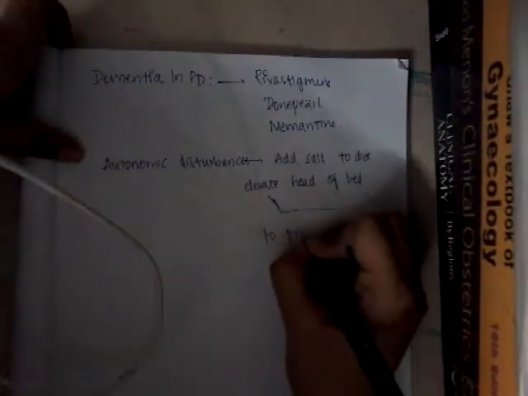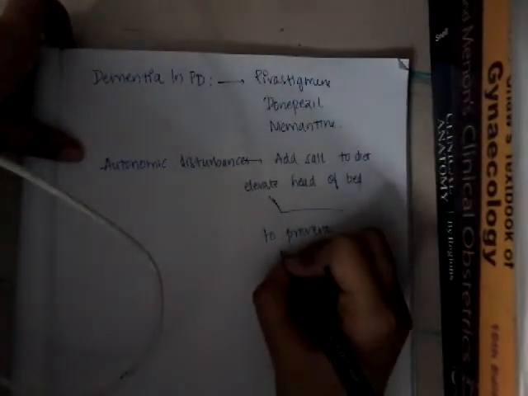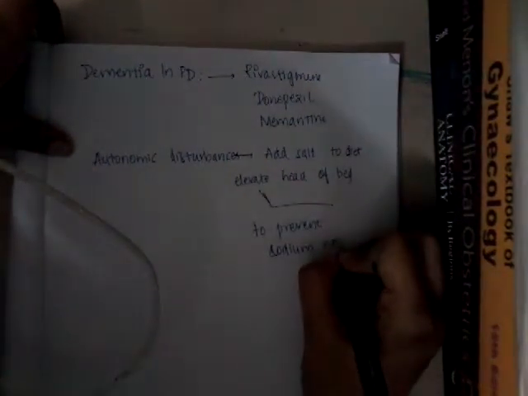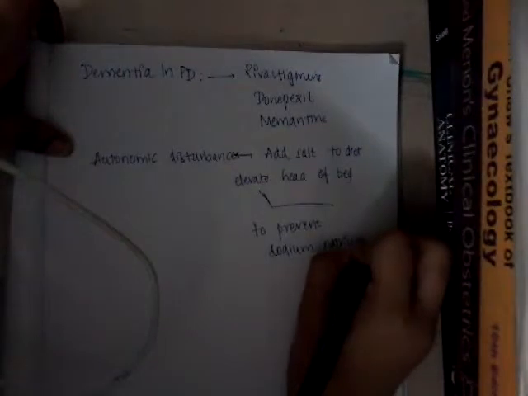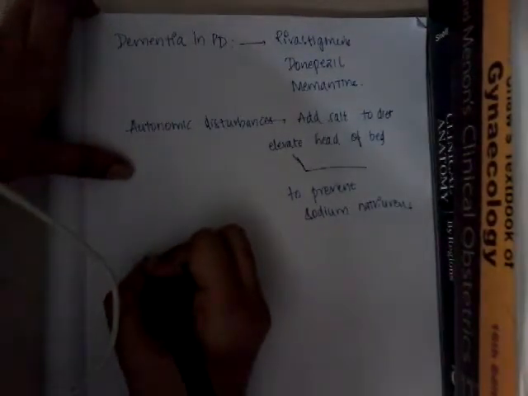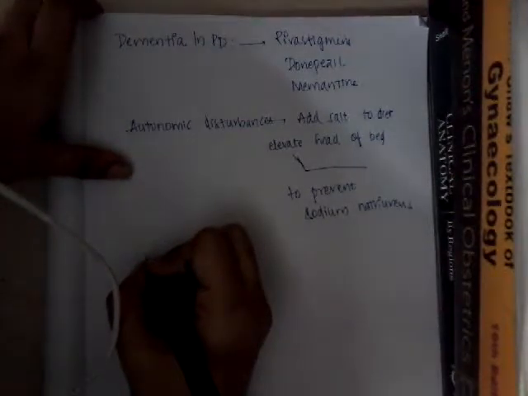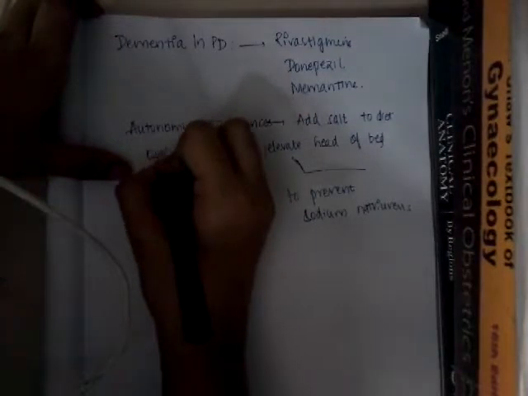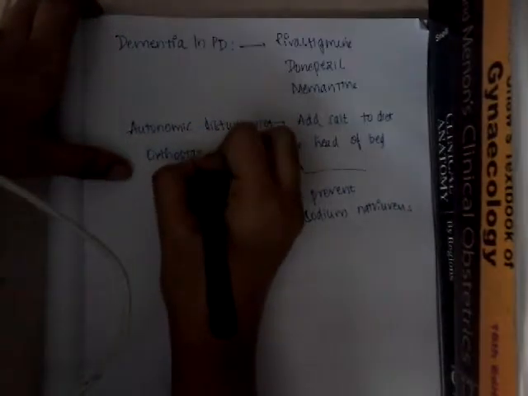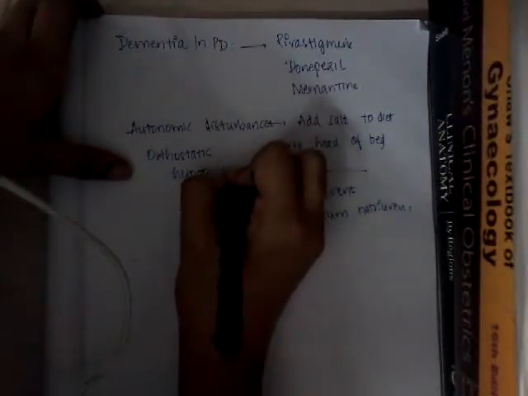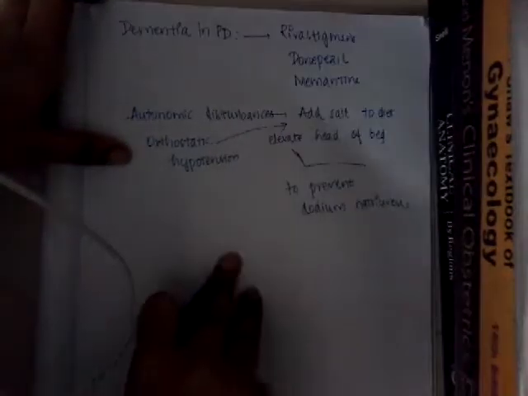This is to prevent natriuresis. In autonomic disturbances, there is orthostatic hypotension. So for this orthostatic hypotension, we add salt to the diet, and we also elevate the head end of the bed.